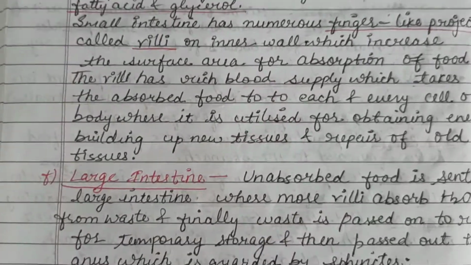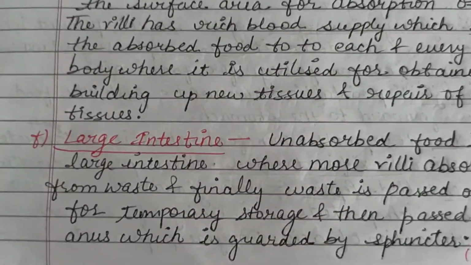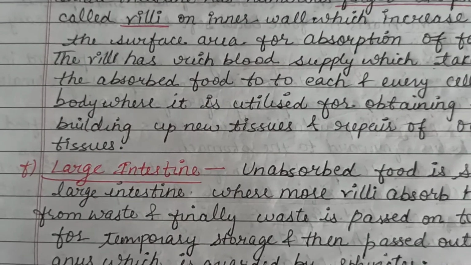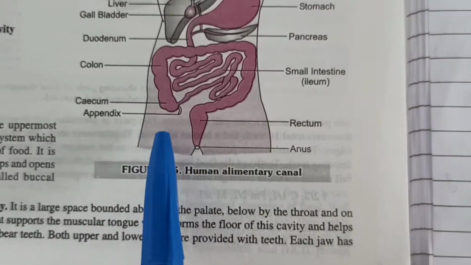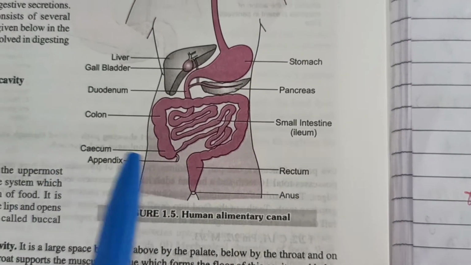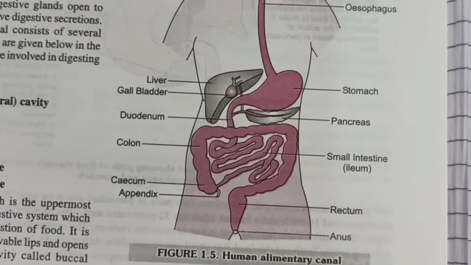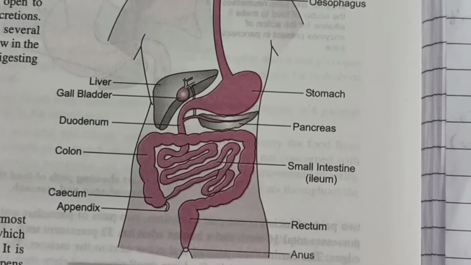After that, the undigested, unabsorbed food enters into the large intestine, and the large intestine again has parts like the cecum, colon and rectum.